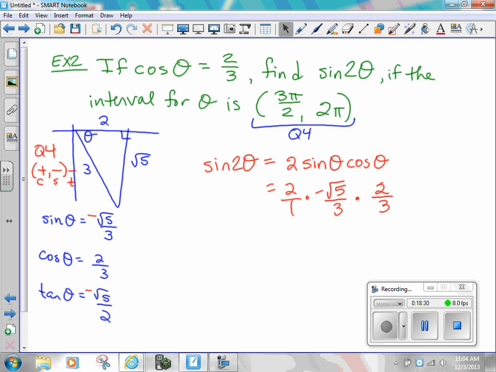What's a positive times a negative times a positive? -4√5 over 9. How many of you had that? Hands up. Easy? All right, here we go.